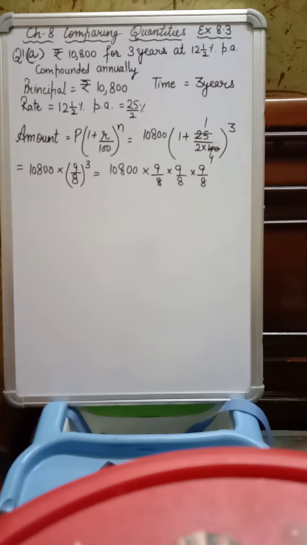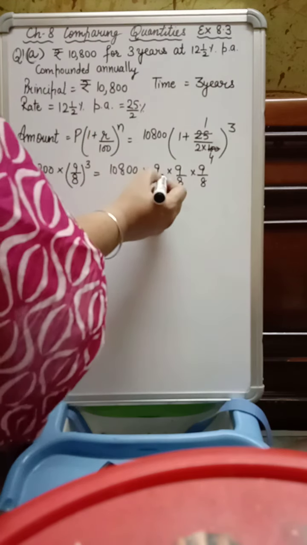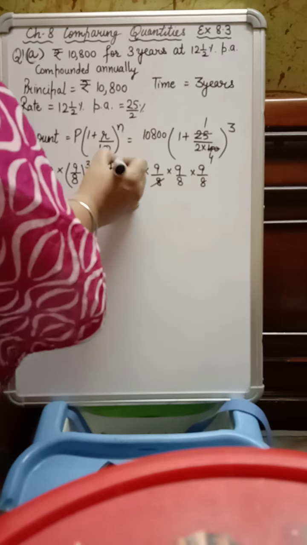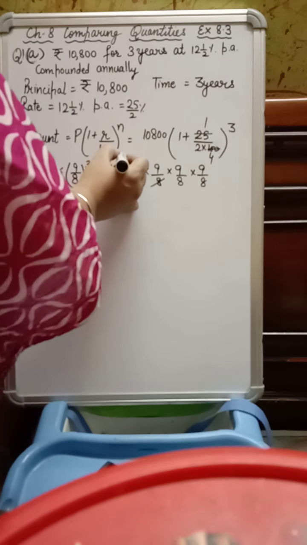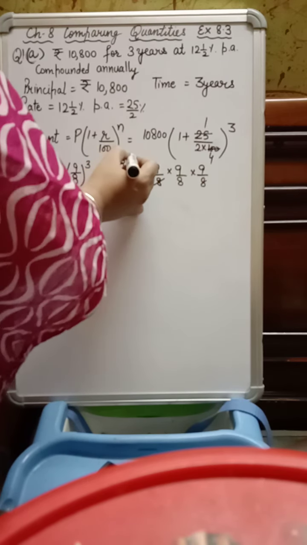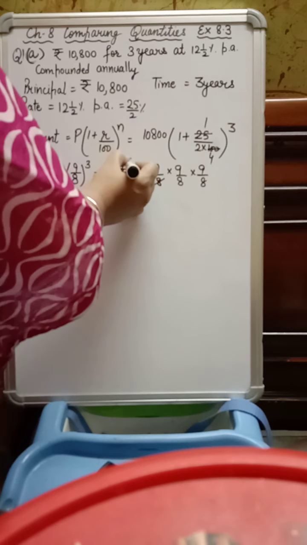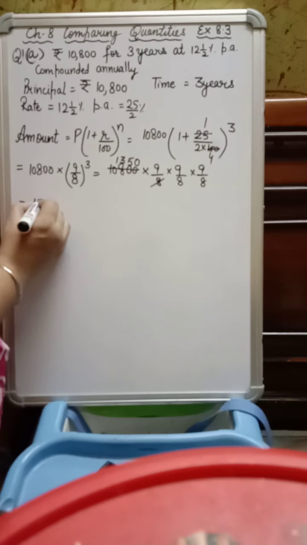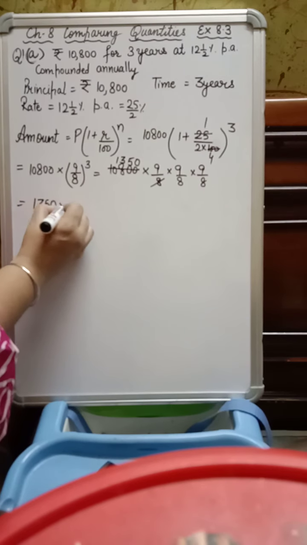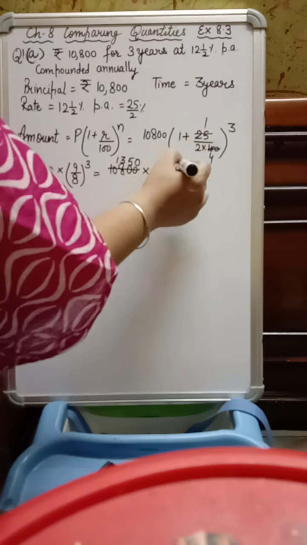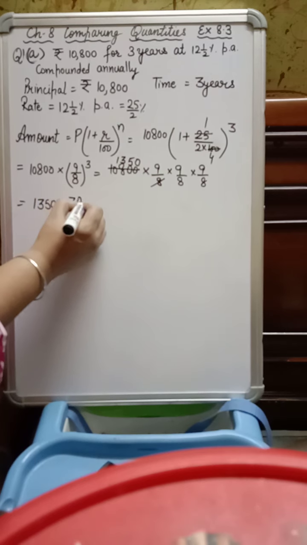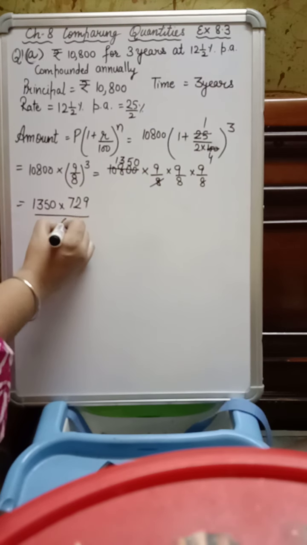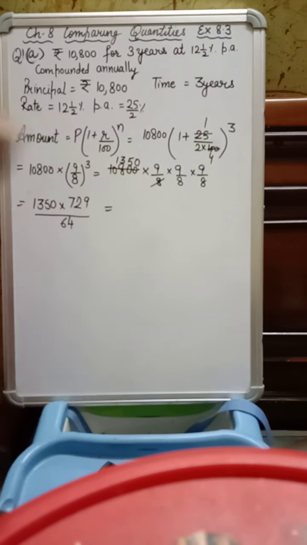Now we'll do the cutting. 8 ones are 8, 8 nines are 72, 10,800 divided by 8 is 1350. So this comes out to be 1350 into 9 into 9, 9 nines are 81, 81 into 9 is 729 upon 64.